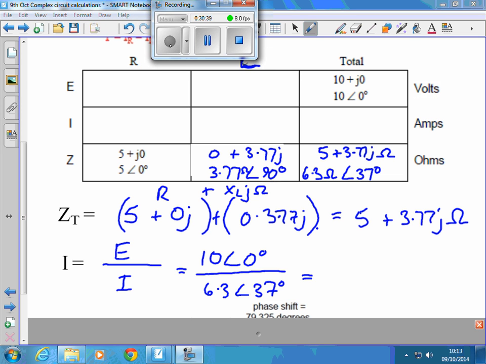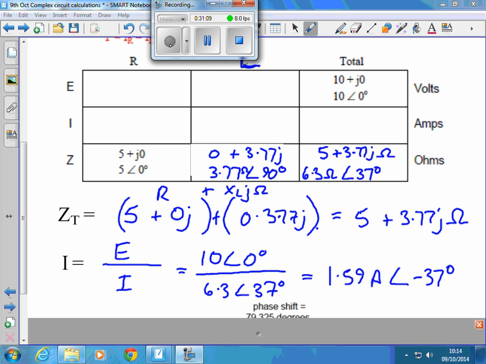So let's have the result of that, please, gents. 10 over 6.3 is amps, angle minus 37 degrees.